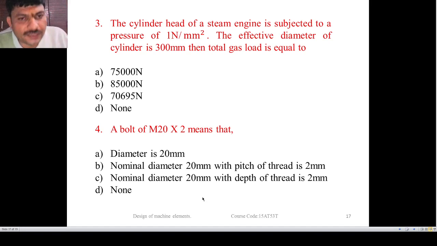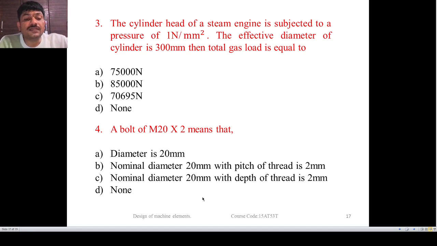So here M20 into 2: M20 is the nominal diameter of the bolt, and 2 mm is the pitch of the thread. To designate the pitch, the 20 mm and the 2 mm pitch are separated by an 'into' mark. So the correct answer for this question is option B.